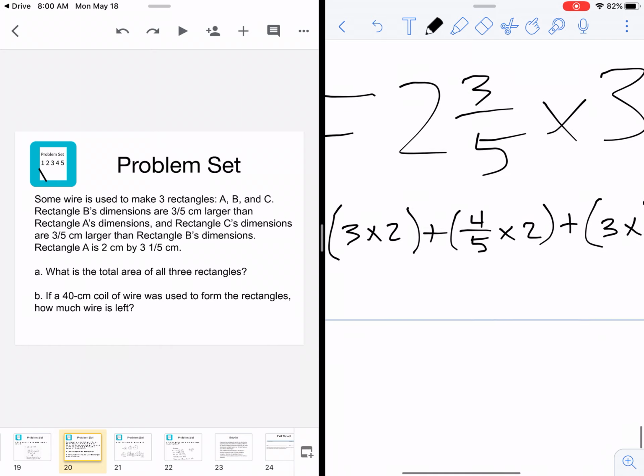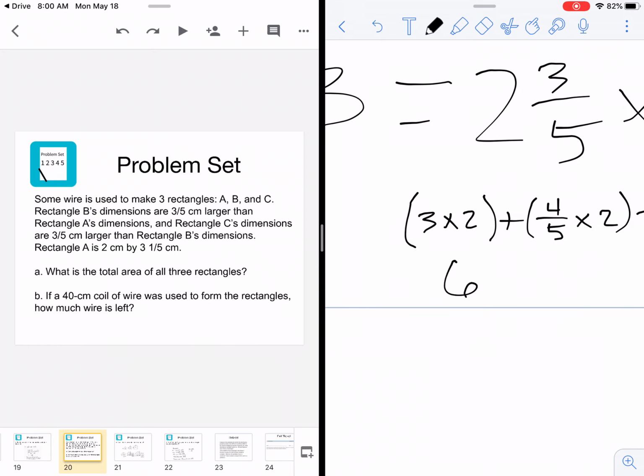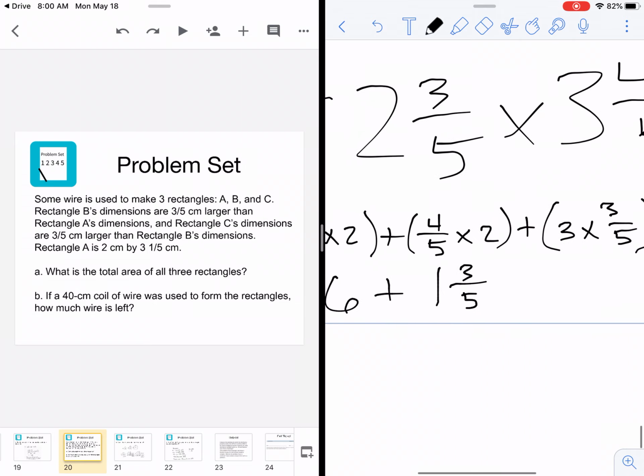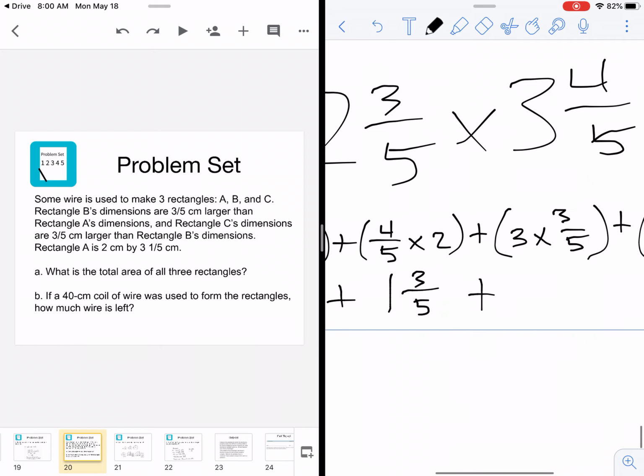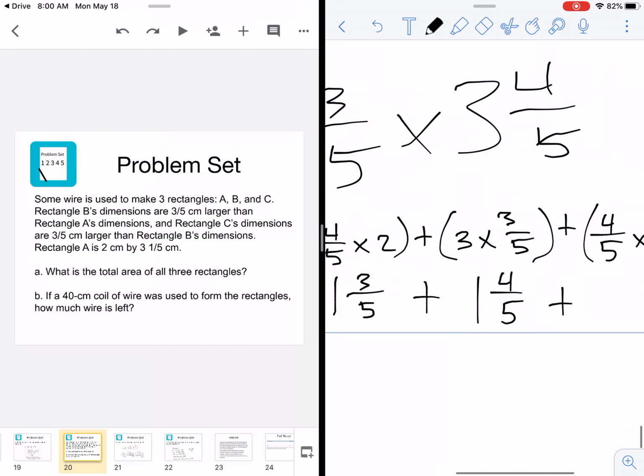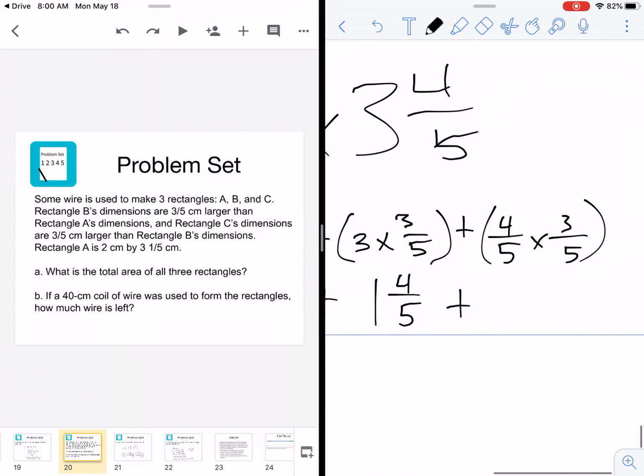Lots of math there. 3 times 2 is 6. 4/5 times 2 is 1 and 3/5, plus 3 times 3/5 is 1 and 4/5, plus 4/5 times 3/5 is 12/25.